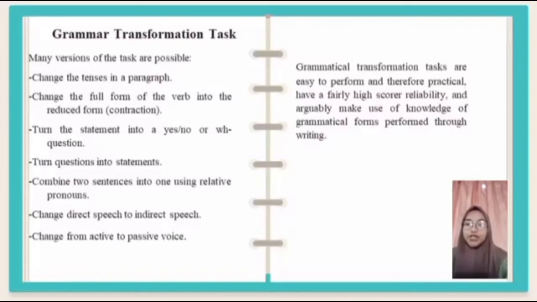Change direct speech to indirect speech. Change from active to passive voice. Grammatical transformation tasks are easy to perform and therefore practical, have fairly high score reliability, and arguably make use of knowledge of grammatical forms performed through writing.